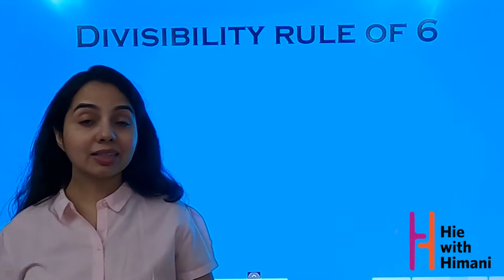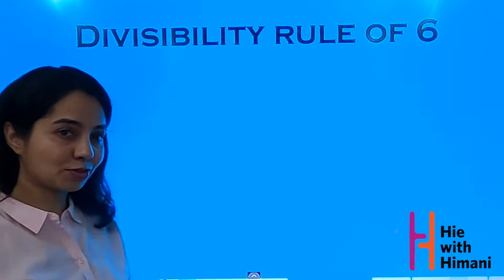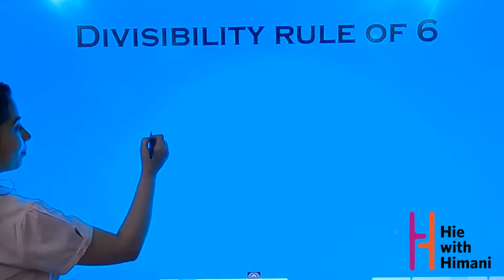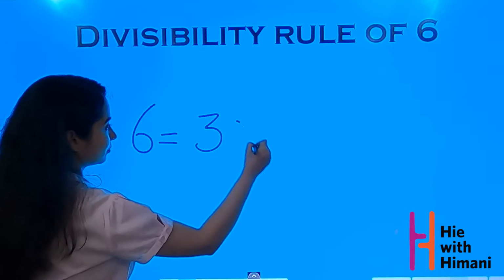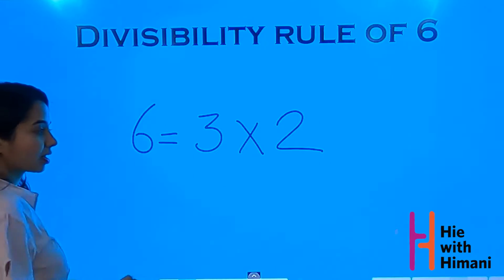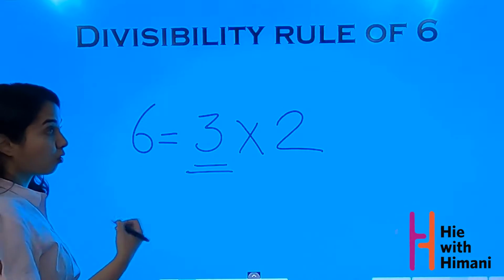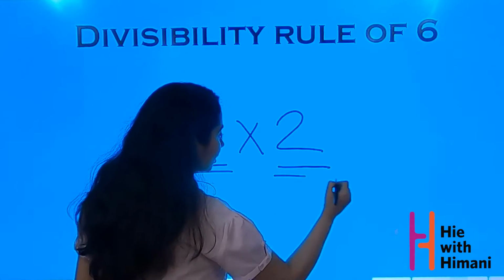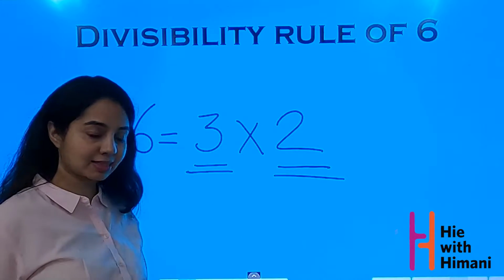Then the divisibility rule of 6. 6, as you can see, is made up of these two numbers, 3 into 2. 3 into 2 is 6. If the number is divisible by 3 and is also divisible by 2, we will say the number is divisible by 6.